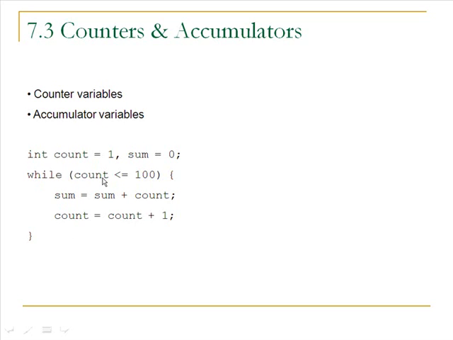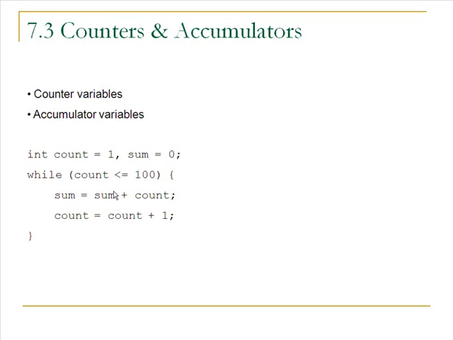So a counter variable is different from an accumulator variable. An accumulator variable is each time through the loop accumulating something. In this case it's accumulating the count. So we have sum gets sum plus count. Each time we put the count into the accumulator, and each time we add 1 to the counter.